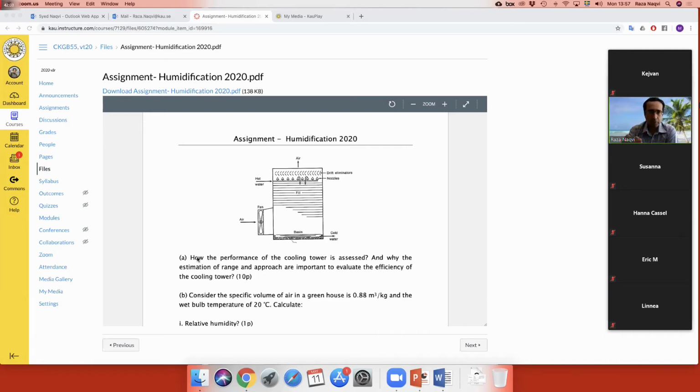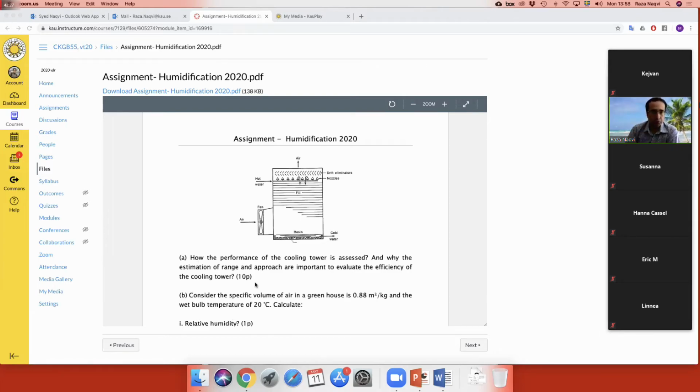Then you can write theoretically in your own words why we would like to estimate range and approach in order to evaluate the efficiency of the cooling tower, and how you can assess the performance of cooling towers. It could be based on design parameters, it could be based on efficiency, or so many different parameters, but you can search from the web and from the book as well.